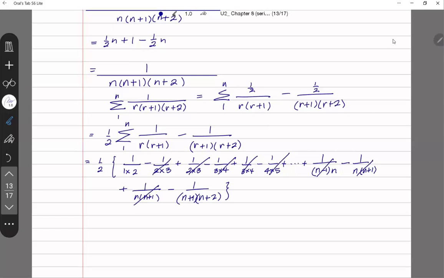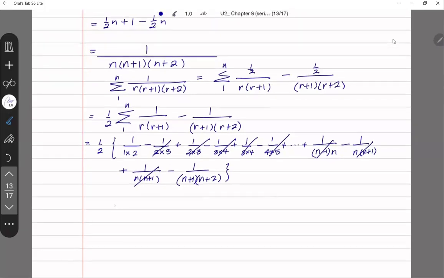So it means, therefore, that the sum of the series from 1 to n of 1 over r into r plus 1, r plus 2 is equal to a half into 1 over 2 minus 1 over n plus 1, n plus 2.